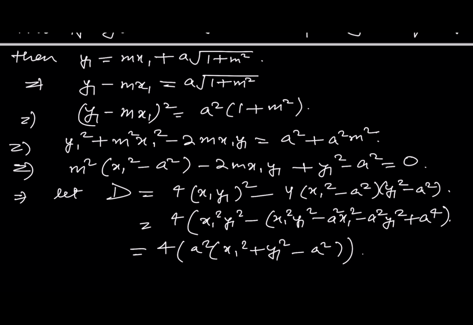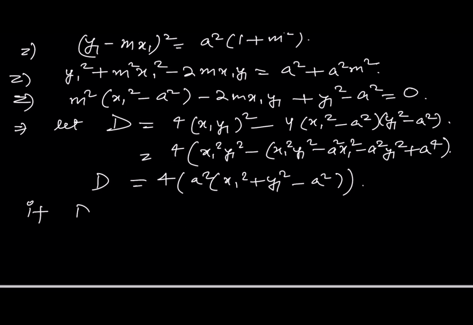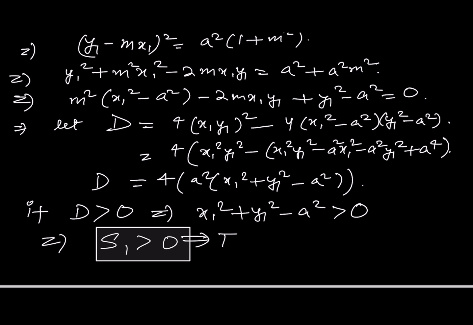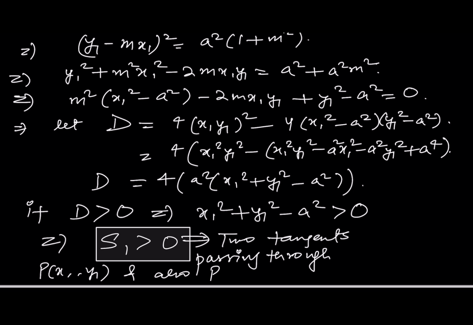Now if D is greater than 0, it implies x1 square + y1 square - a square is greater than 0, or S1 greater than 0, where S1 is nothing but the value of S when we put x1, y1 in place of x and y in S. So if S1 is greater than 0, then there will be two tangents passing through P (x1, y1) and also P is lying outside the circle.